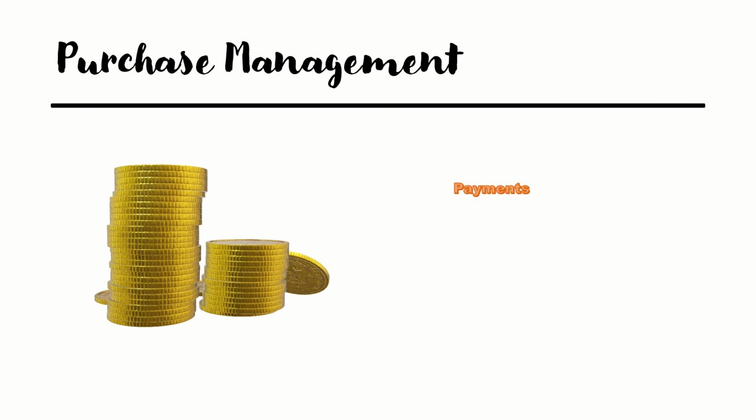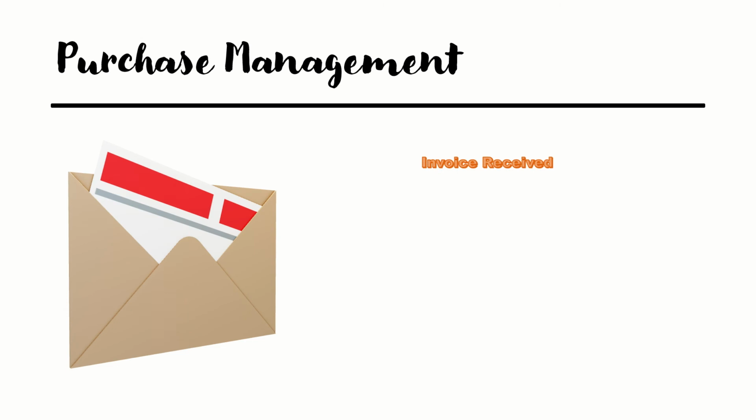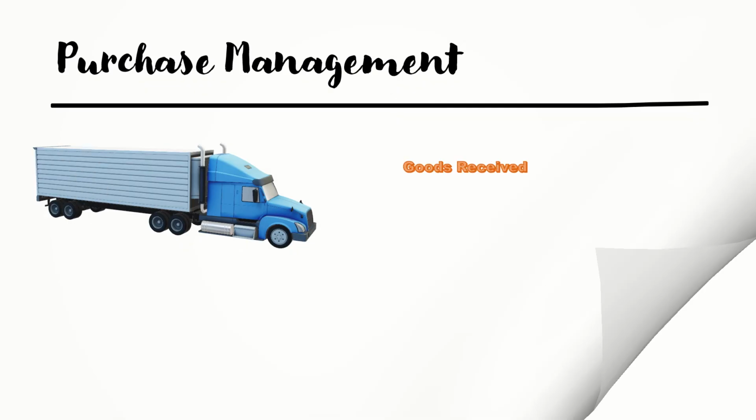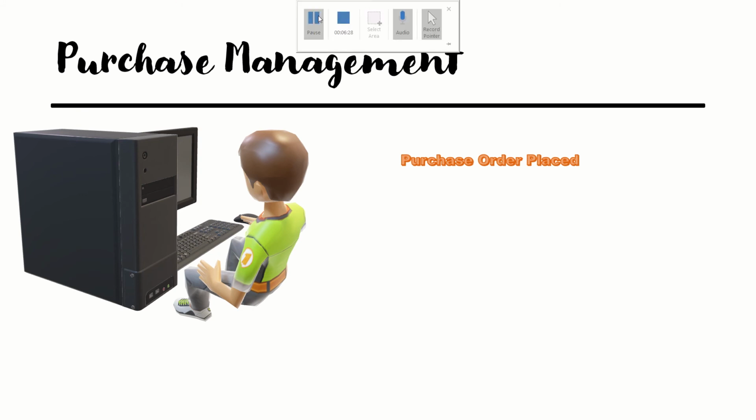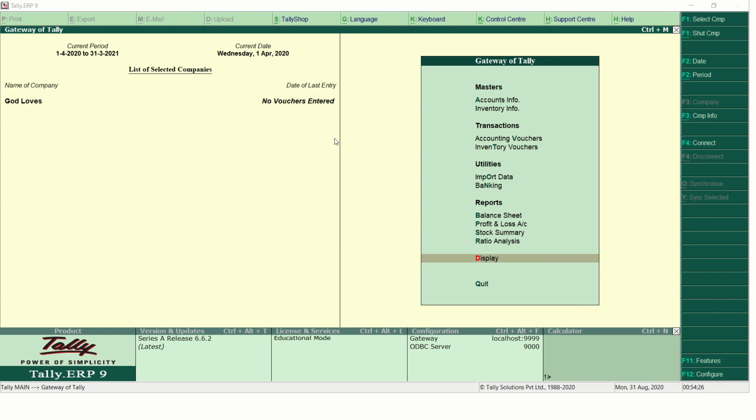For your purchase you must make the payments also. We can see all of them here, how we make the purchase order and how we make the receipt note, everything in Tally, one by one. For example, here I have a company. How do we make this purchase order? Before we make a purchase order, first we have to enable the feature.